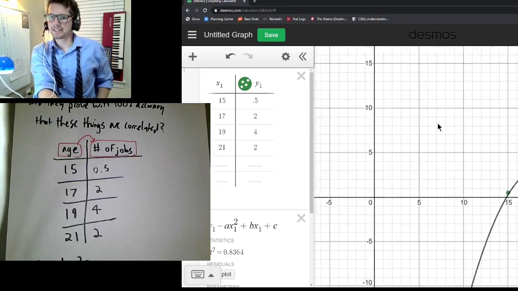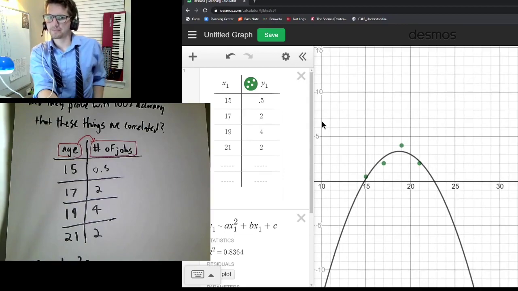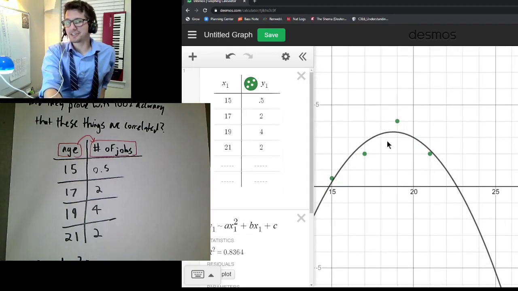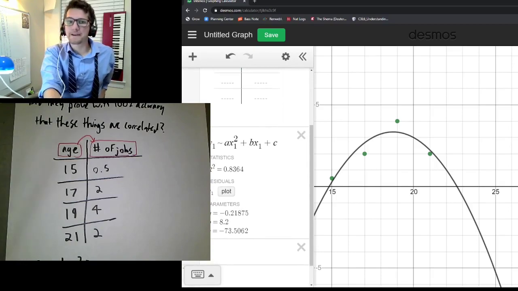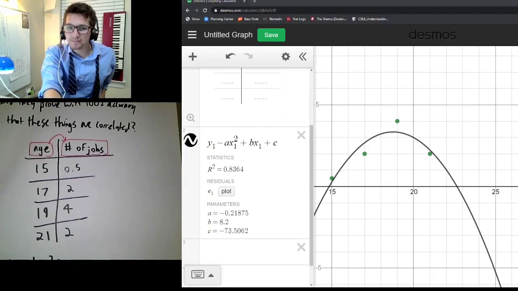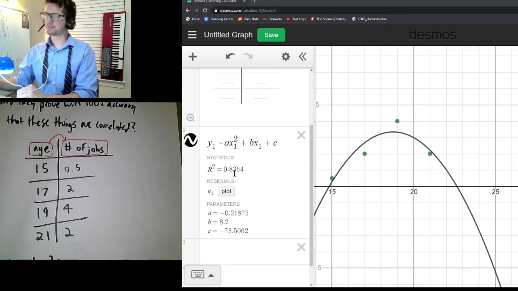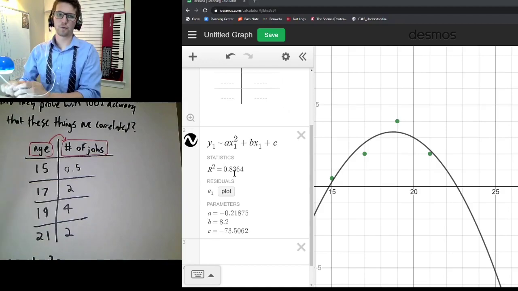All right, so let's look at our graph. Do you see how it tried to create the line of best fit? Does this look perfectly accurate to you? Maybe not so much. In fact, how accurate was it? My R2 value ended up being 0.836, which rounds to 0.84.